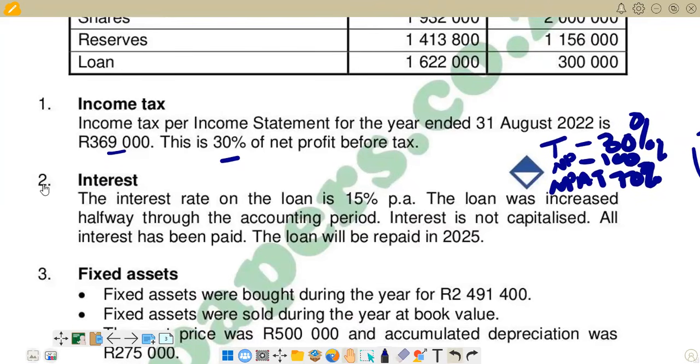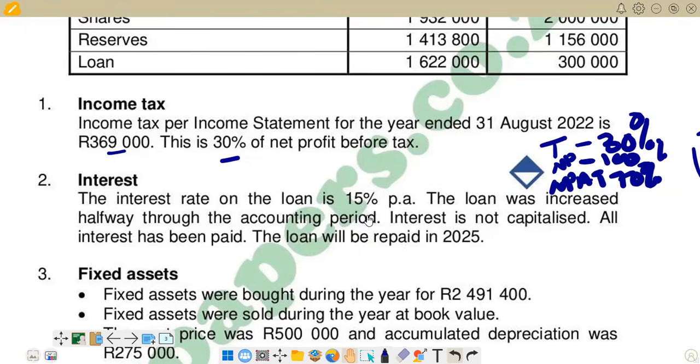The issue of interest is being highlighted here. The interest on the loan is 15% per annum. The loan has increased halfway through the accounting period. Interest is not capitalized, or interest has been paid. The loan will be repaid in 2025. So this is just indicating the period when it's going to be repaid. But what is important is this rate that is 15%.